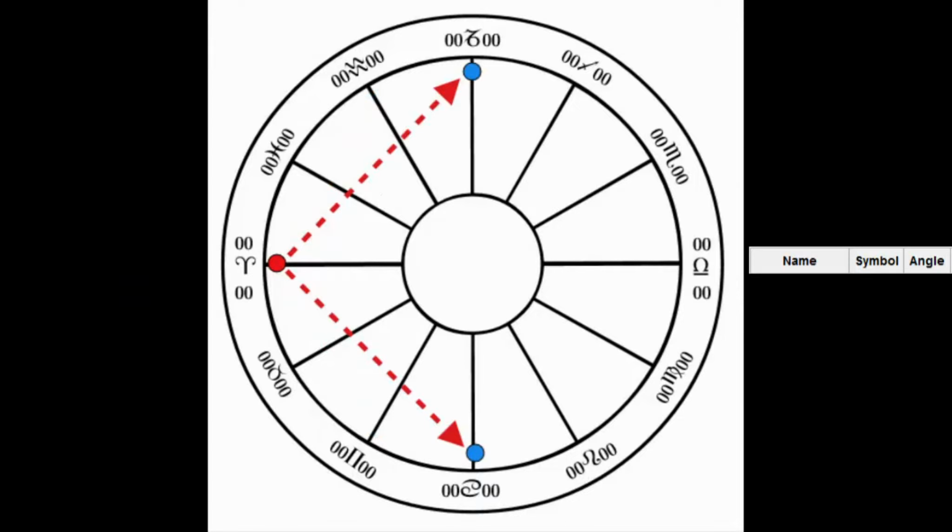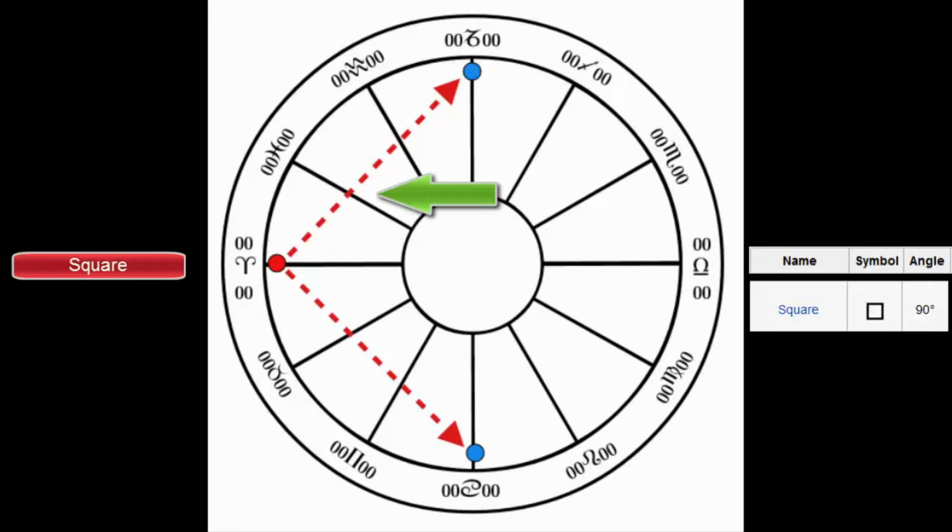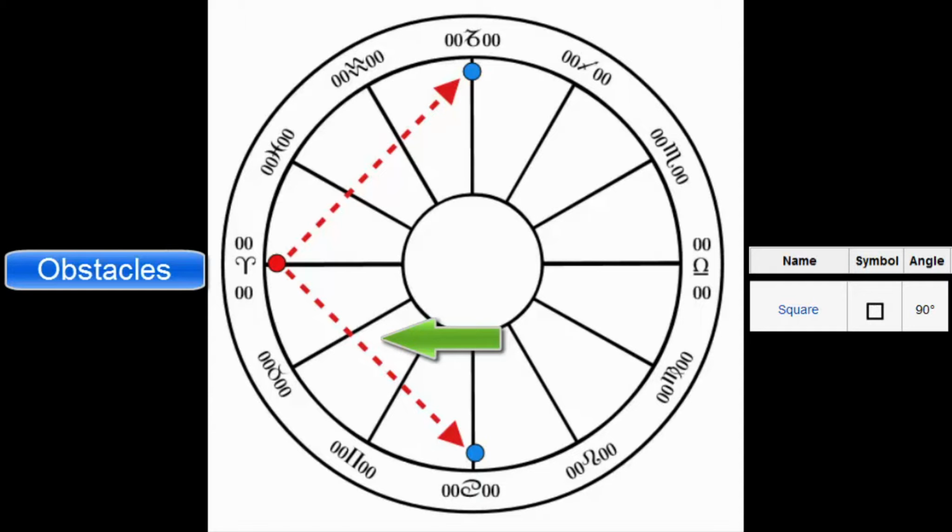If we increase the distance between the 2 planets to 90 degrees, we get what's called a square. A square attracts obstacles, and I will get into this particular aspect in much more detail later on in the video.